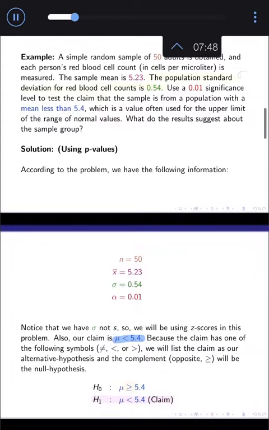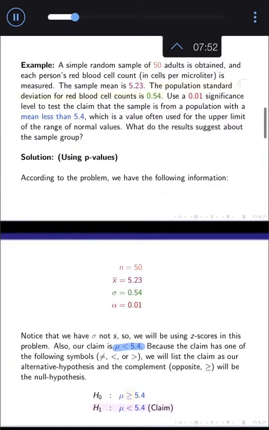Notice we're going to use the letter mu for the mean, and we have a less than symbol, which means that our claim must be H1 because there is no equal to. So we will put our claim as our H1. This means that automatically our null hypothesis is the complement or opposite of that, which means that the null hypothesis will have the opposite, which is greater than or equal to.